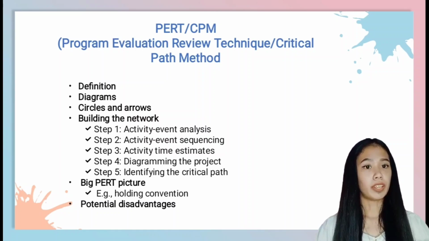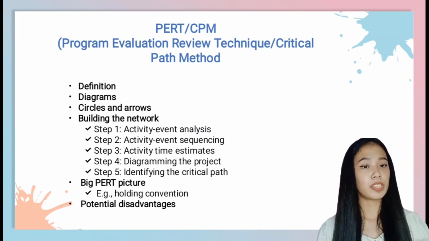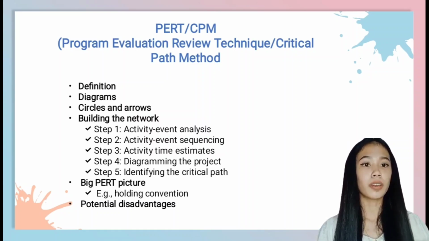For example, in this diagram, you can see some letters like A, B, C, D, E, and F that are called the activities, and some numbers like 1, 2, 3, 4, 5, and 6 that are called the events. And this diagram is called the network.